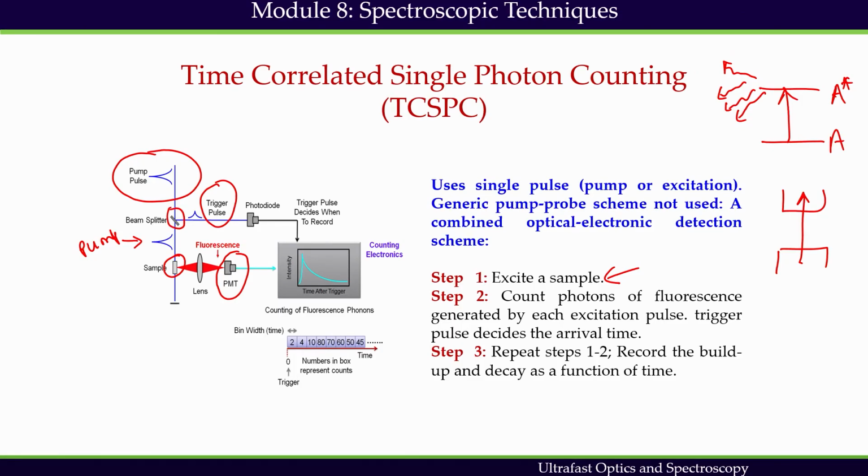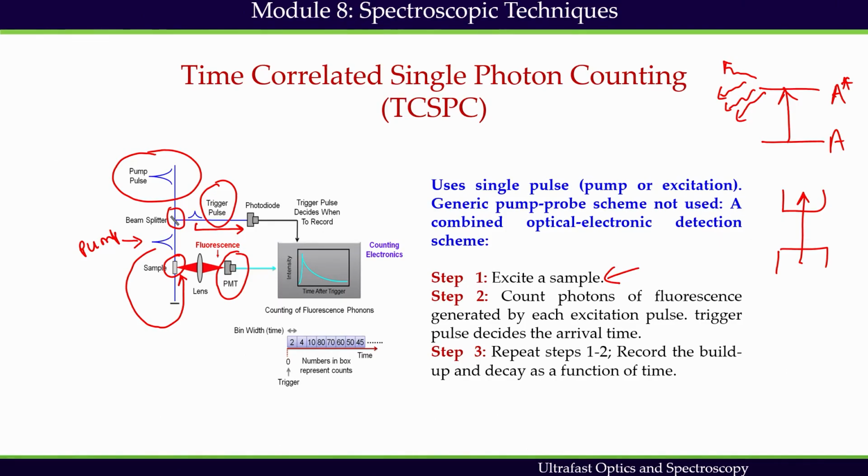One of the beams is directed to the photodiode to tell the electronics at what time we should start recording, and the other pulse will excite molecules in the sample. That sample will emit fluorescence and we will start collecting it.